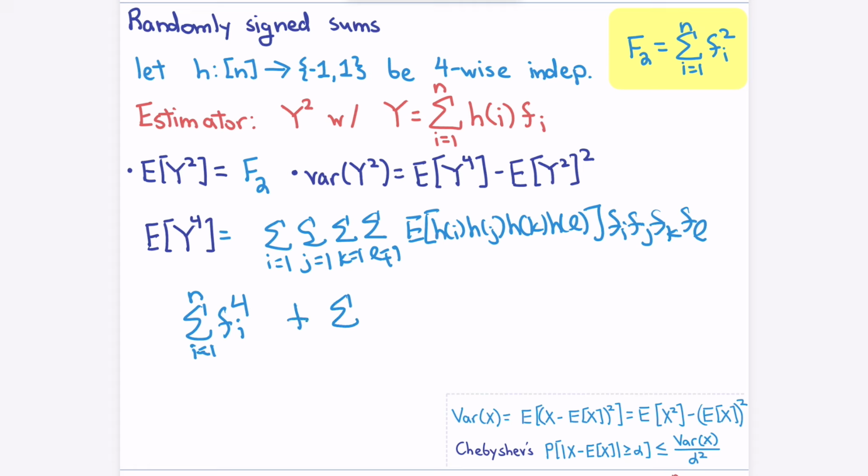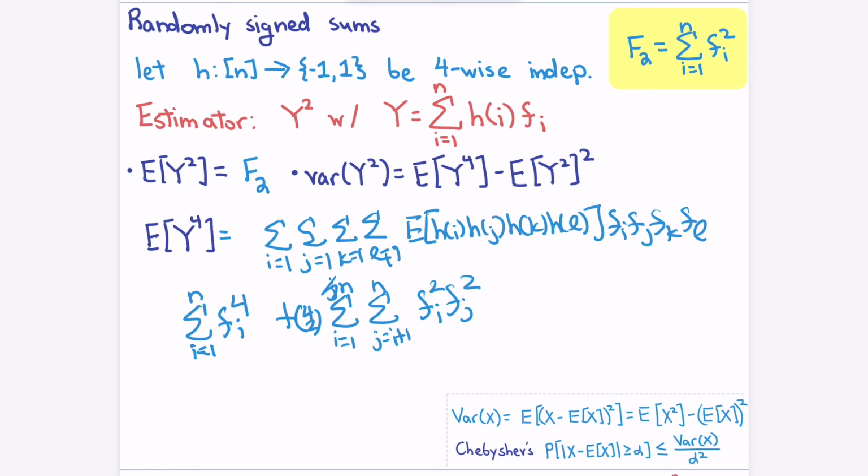Okay. Now the distinct ones, Fi squared, Fj squared, and what was the, or choose 2? Because out of IJKL, 2 of them are going to be equal to one value, 2 of them are going to be equal to the other.